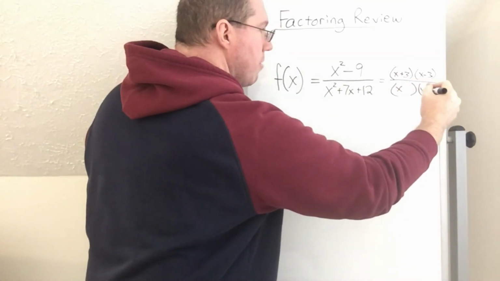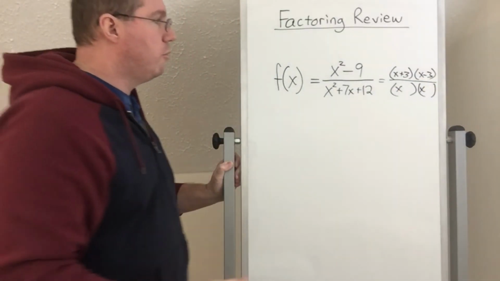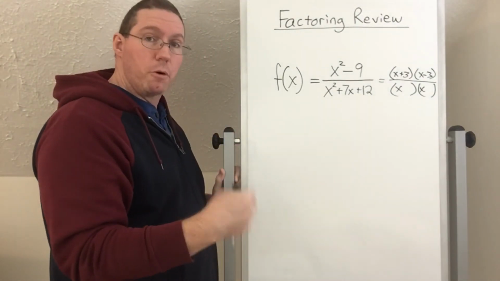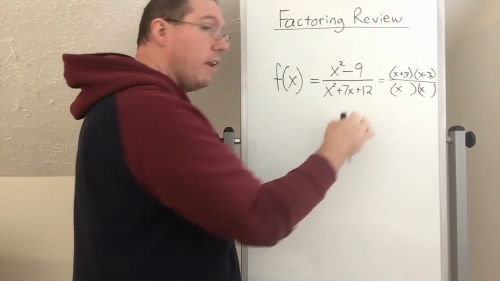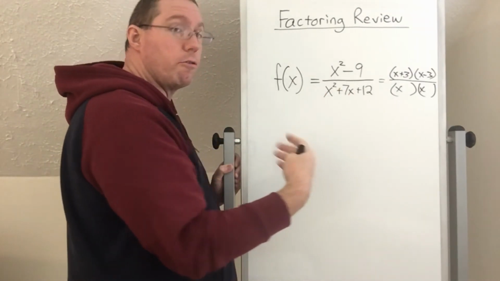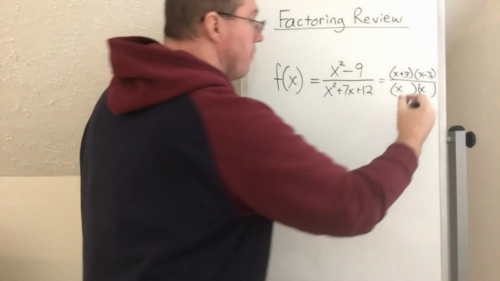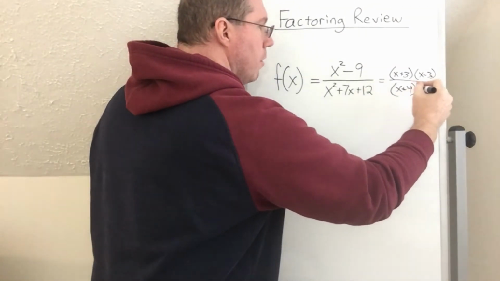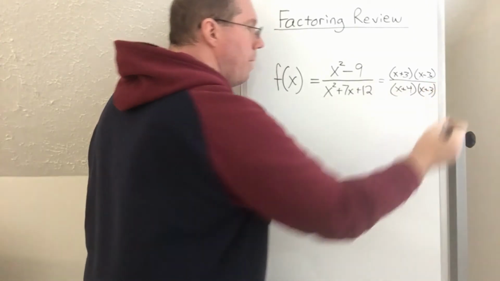So we'll start with an x and an x, and two numbers that multiply to 12 are 4 and 3, because positive 4 times positive 3 is 12, and 3 plus 4 is 7. So we'll put plus 4 and plus 3.